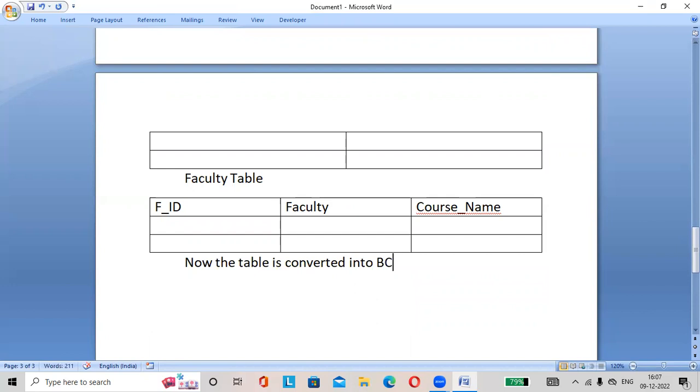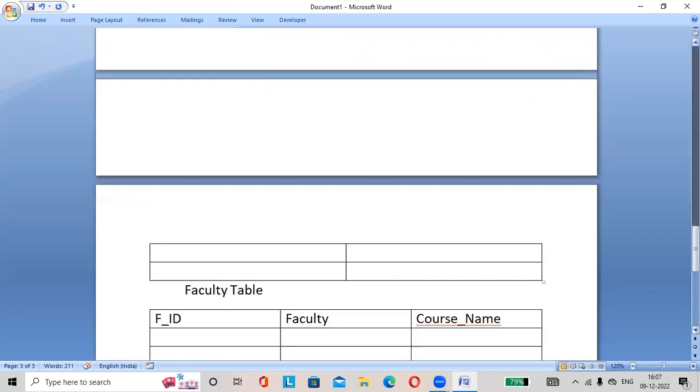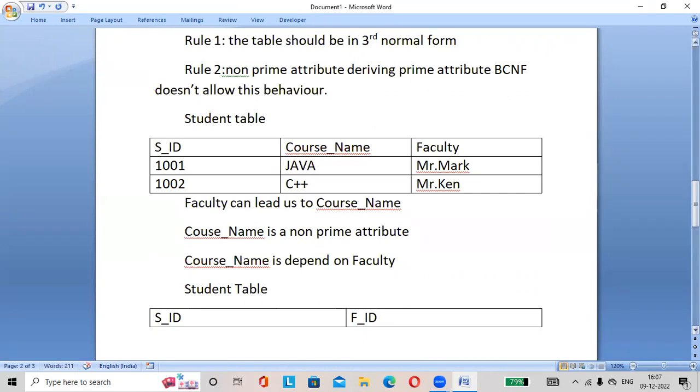BCNF. Is it clear? What is the meaning of BCNF? What are the rules of BCNF? The first rule is that it should be in third normal form.